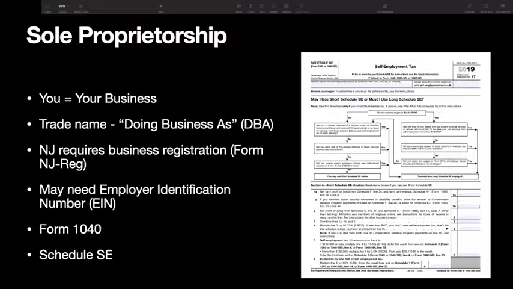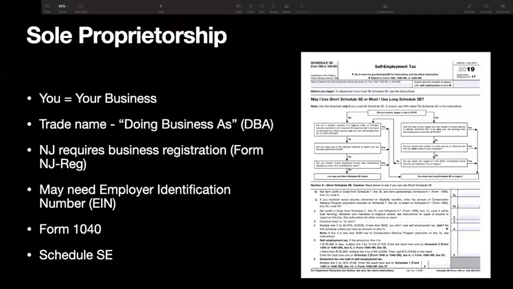And if you see the image on the right, on the top left of the form, it's for the form 1040 or 1040 SR. SR is senior or something, so we don't have to worry about it for quite a long time. Usually you use your own name as your own business.